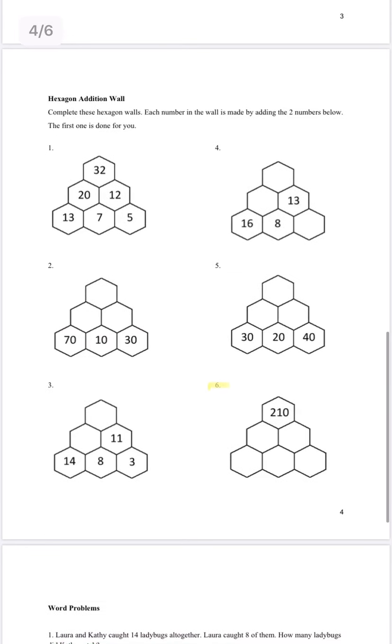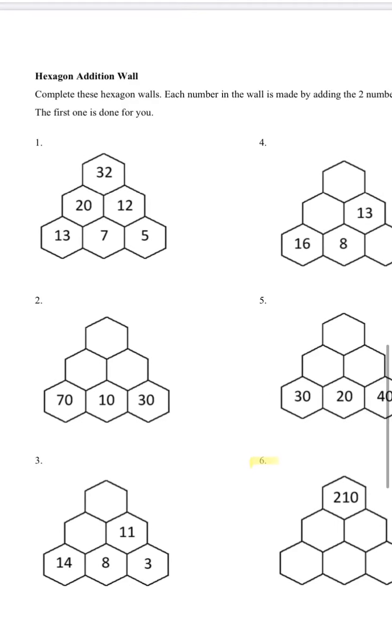So next, we have hexagon addition wall. I think this would be a fun exercise. So then it says, complete the hexagon walls. Each number in the wall is made by adding the two numbers below. The first one is done for you, okay? So let's look at the first one.